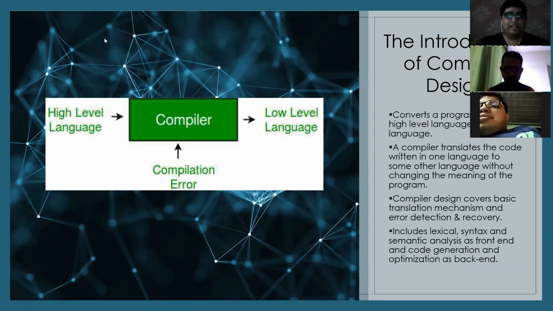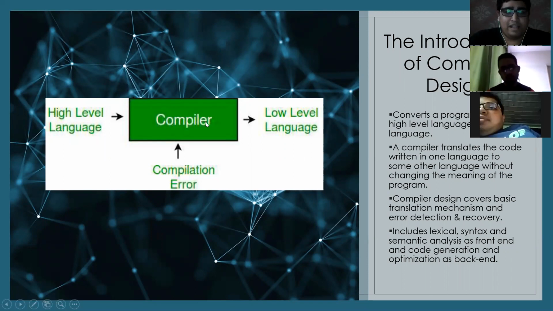It uses a translation mechanism with error detection and recovery. This includes lexical, syntax, and semantic analysis. You can see here the compiler itself, which converts high level language to low level language. If there is an error, there is a compilation error.